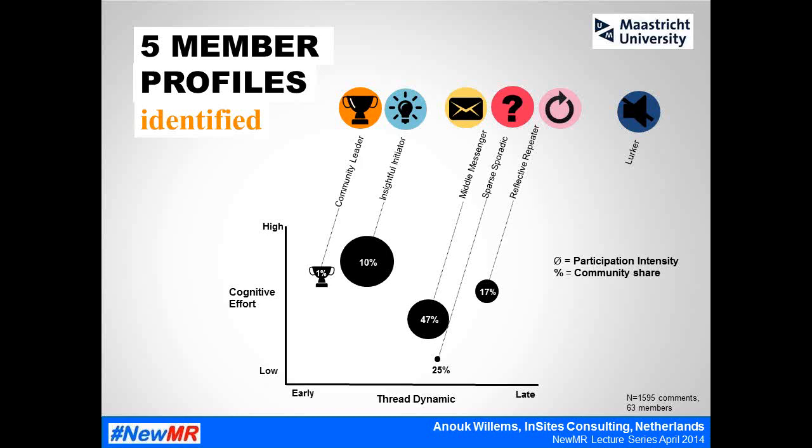Now, we also found a sixth one, and this is the lurker. And this person doesn't post anything, so I put it more on the right, because every community deals with those people. And the key reasons for them not being active is that they either don't have enough time anymore, or they expected a different experience and they missed some information to be a good member.